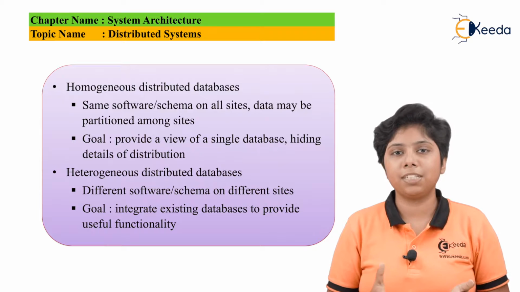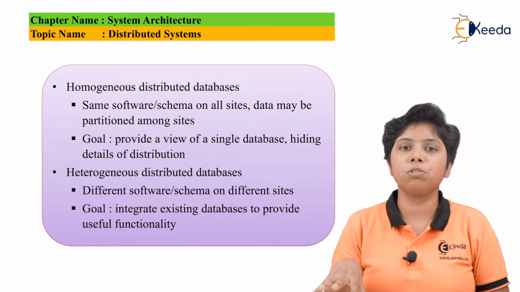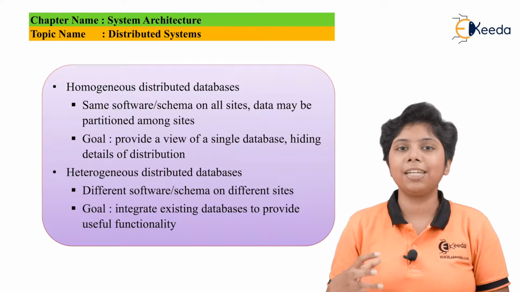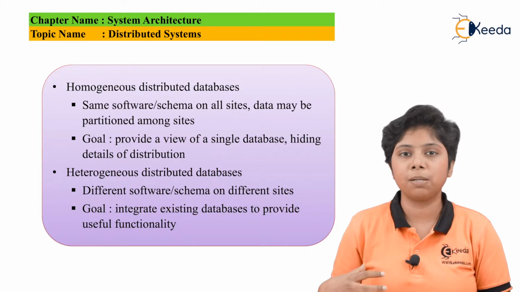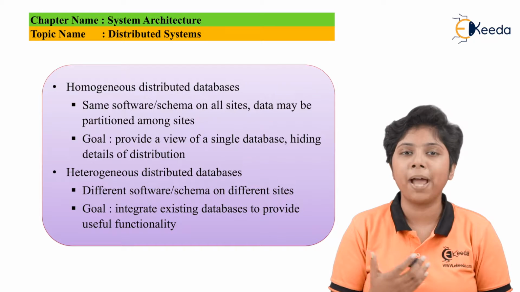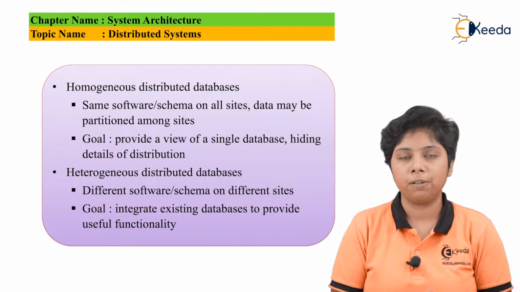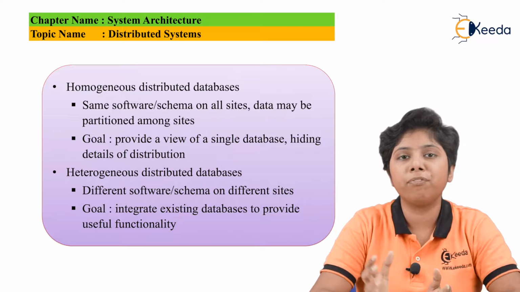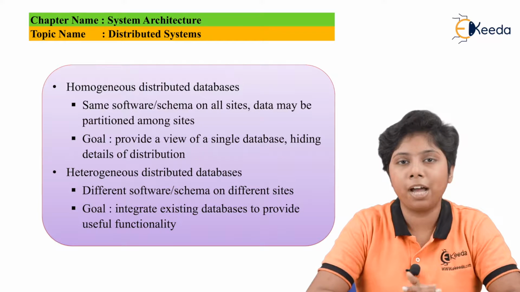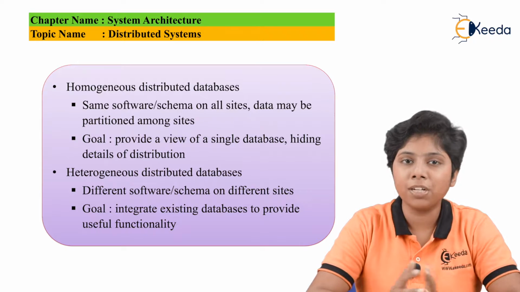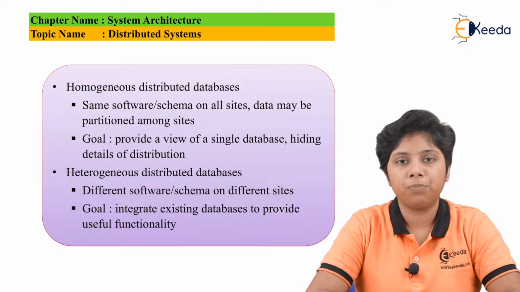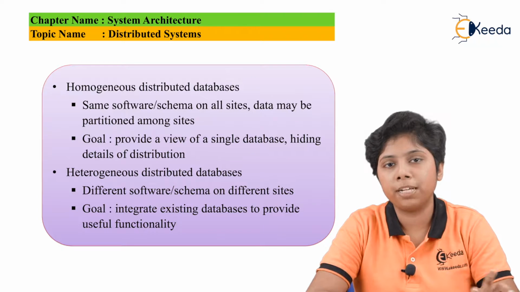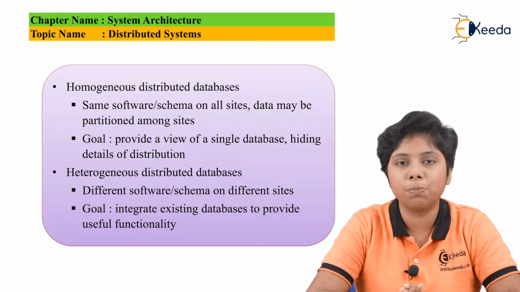Say, for example, a university can have a distributed database with different systems on different branches, or a bank which has different branches. In this scenario, the nodes or sites must share a private and high-speed network. It is private because it belongs to the particular enterprise on which the distributed system is built.